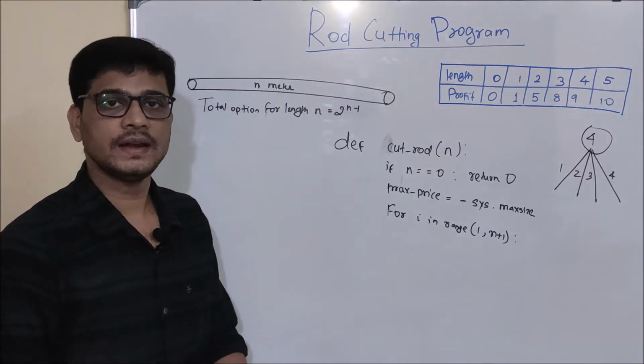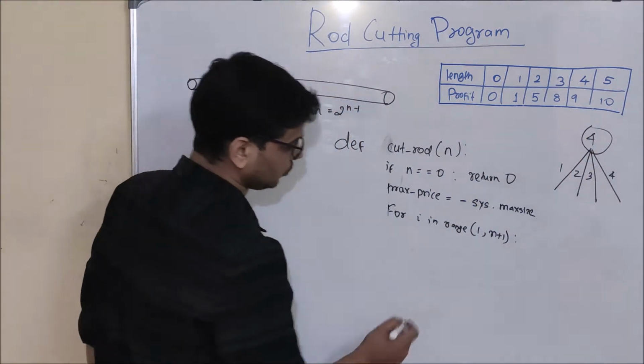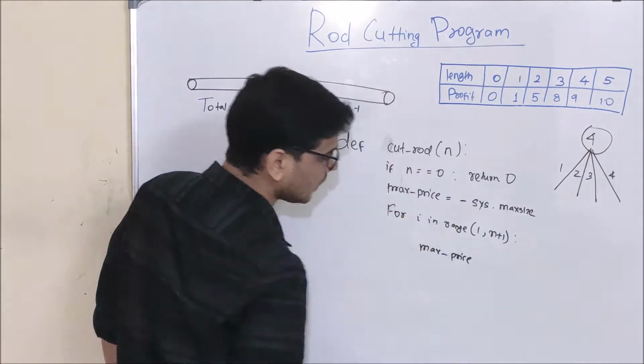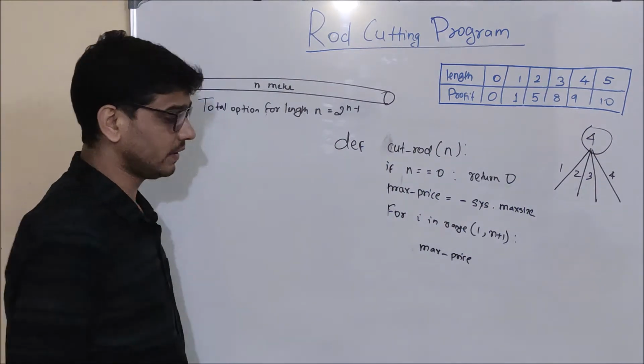And in every iteration, I will update this max price variable. How am I going to update it?